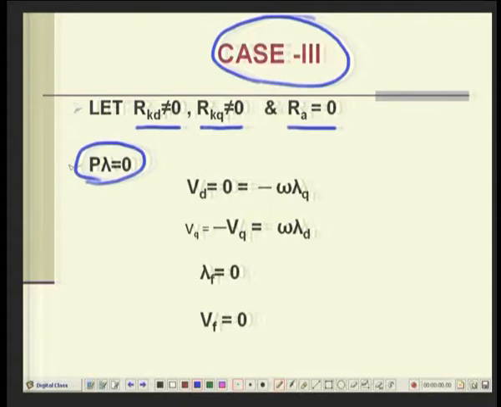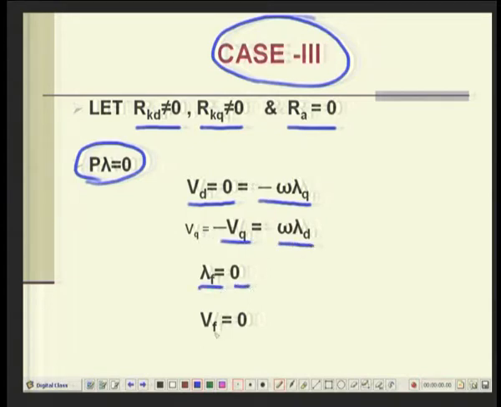Why we are doing all these things is to give you a physical meaning and a physical picture of the transient short circuit currents. In this case, of course, Vd is minus omega lambda q, which will continue to be there.